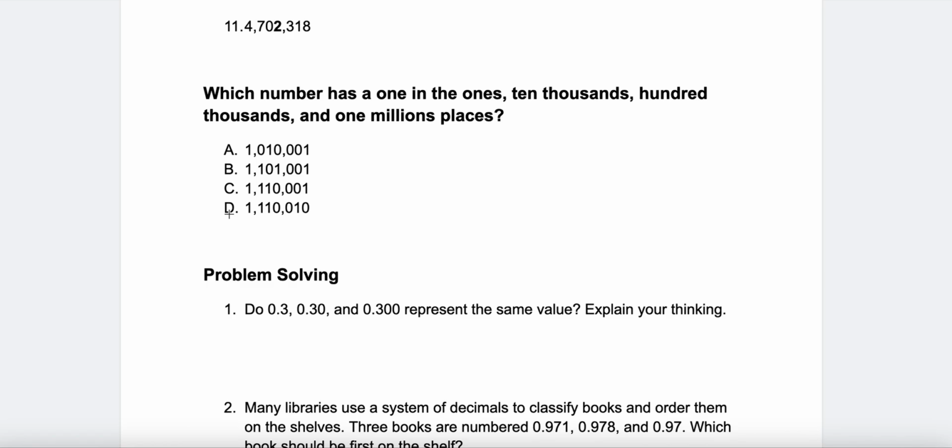Okay. Now, 10 thousands, which you only have A and C left. So B and D are crossed out. 100,000, which is only C. So the correct answer is C.